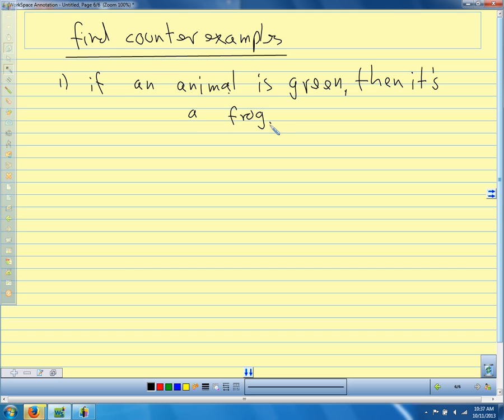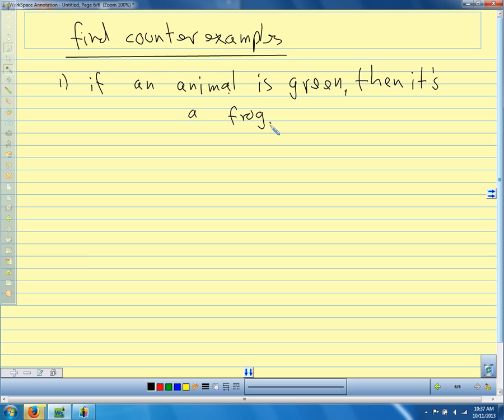That's my conjecture. If an animal's green, it's a frog. Anybody come up with a counterexample? What do you think, Fleur? Snakes? Anything else? A fish? A lizard? Did someone say a grasshopper?